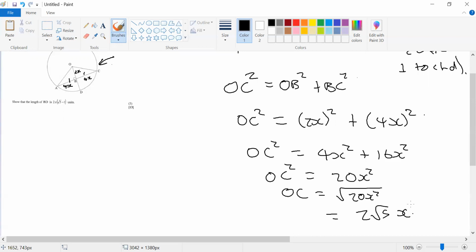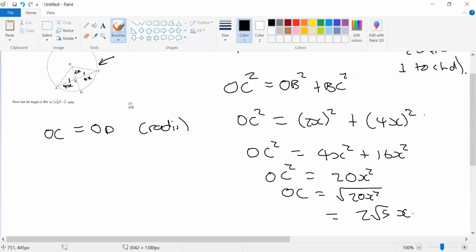Okay, now that I know what OC is, I can see that OC is equal to OD because they are both radii.